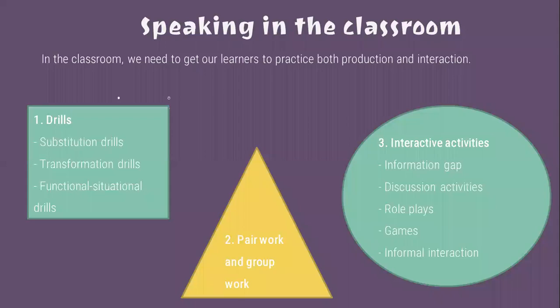We have substitution drill, transformation drill, and functional situational drill. The second one is pair work or group work, and the last one is interactive activities. And we have information gap, discussion activities, role plays, games, or informal interaction.